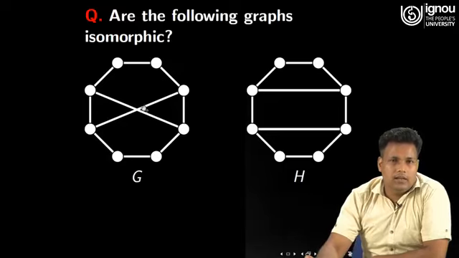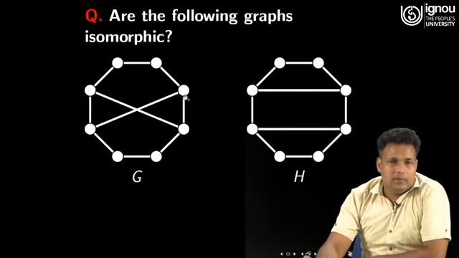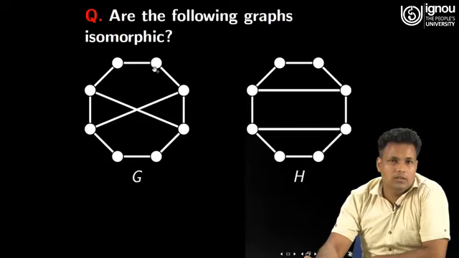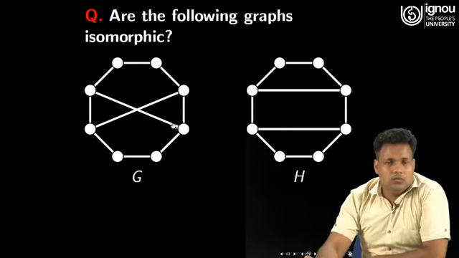There are 10 edges here and there are 10 edges here. The maximum degree of G is 3 and the maximum degree of H is also 3. The minimum degree of G is 2, the minimum degree of H is 2. And so, are they isomorphic? They have a lot of properties in common.